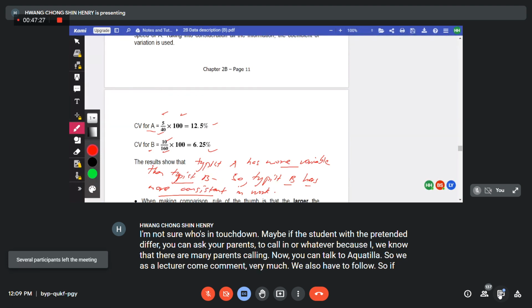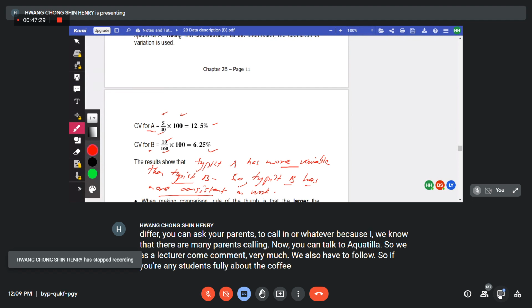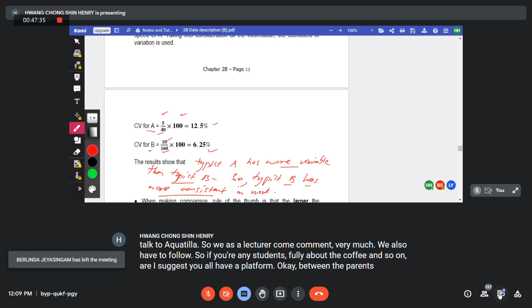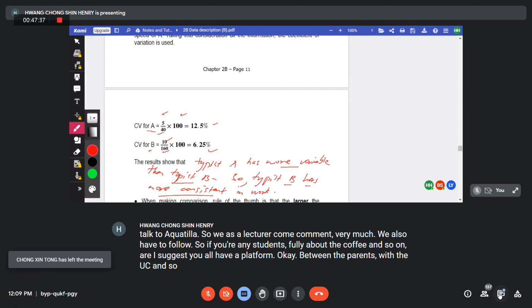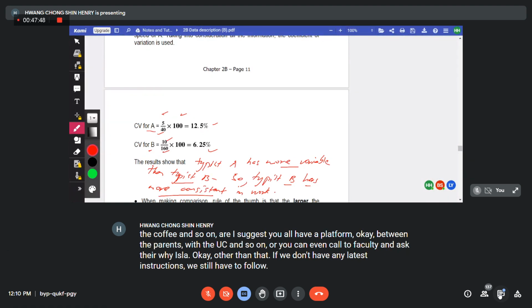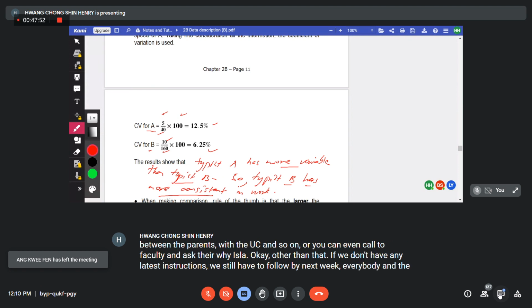If you students are worried about COVID and so on, I suggest you have a platform between the parents and the UC, or you can even call the faculty and ask for their advice. Other than that, if we don't have any latest instructions, we still have to follow that next week everybody enters campus.